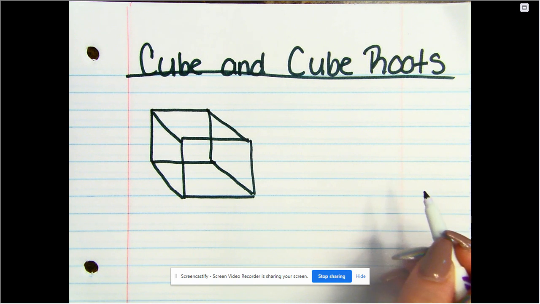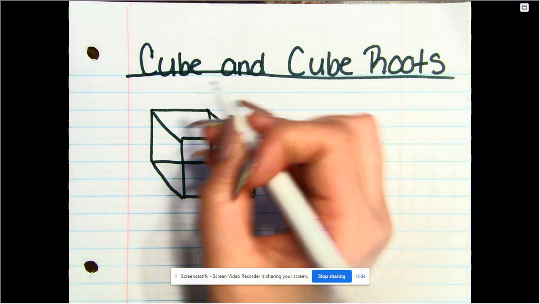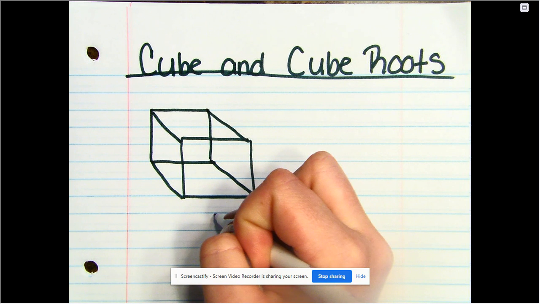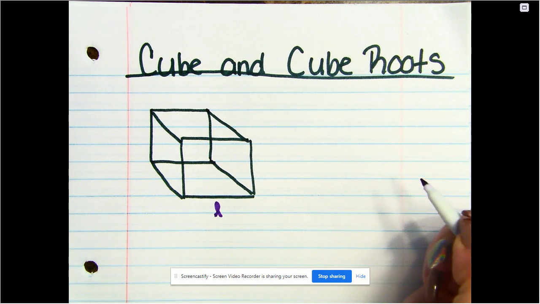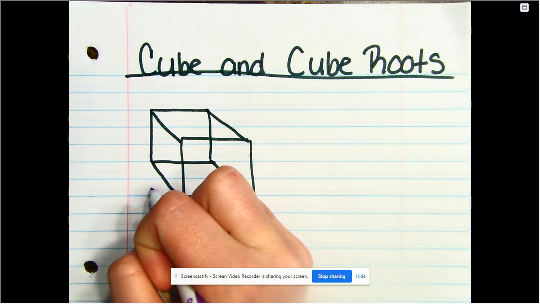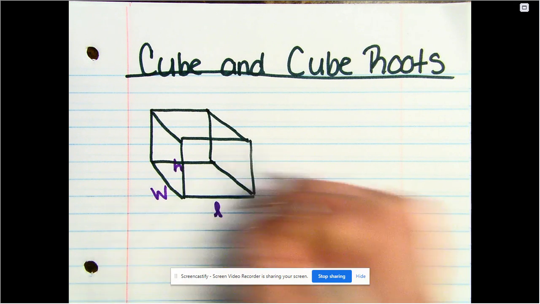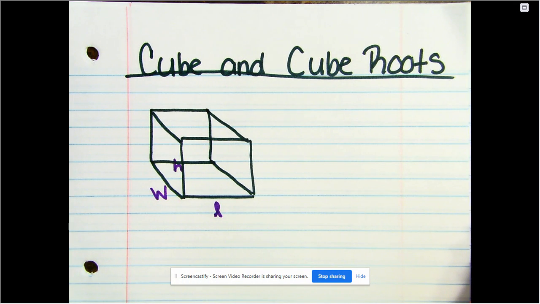If I was trying to find the volume of this cube, I would be taking the length, use a cursive L for length, times the width, times the height. Okay, and then what is unique about a cube is, again, it's based off the two-dimensional shape of square, so all sides are the same.